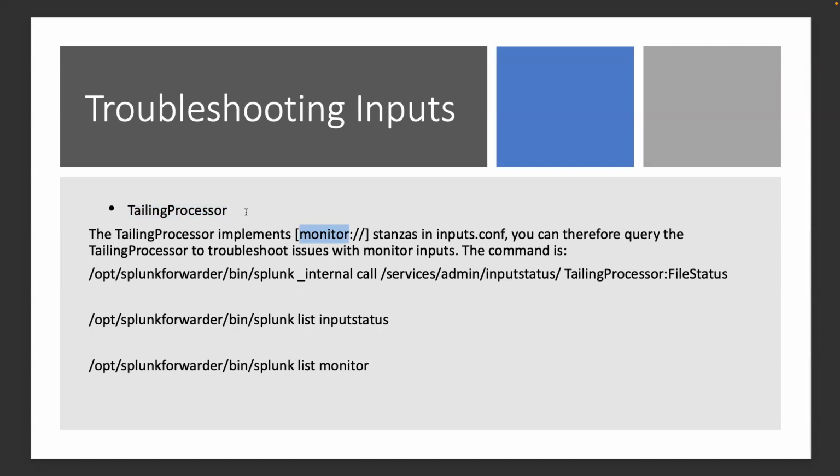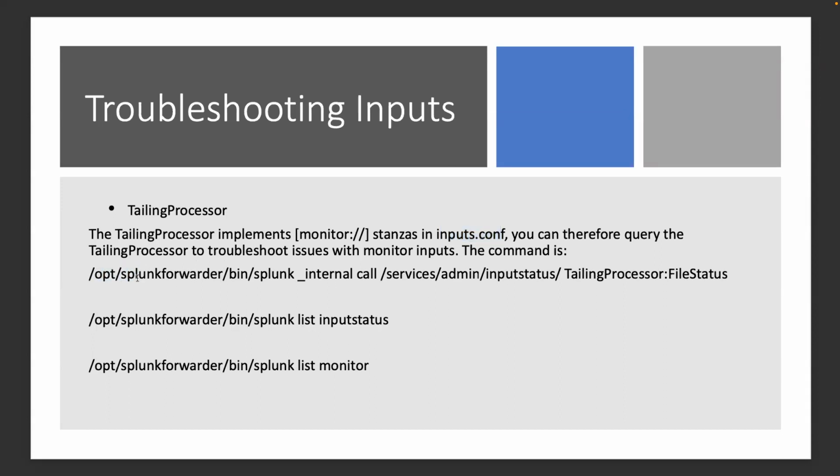You can query that processor, and it will tell you if there are any issues. The tailing processor implements the monitor stanza inside of inputs.conf, so you can query that processor when troubleshooting inputs. So this command can become useful.